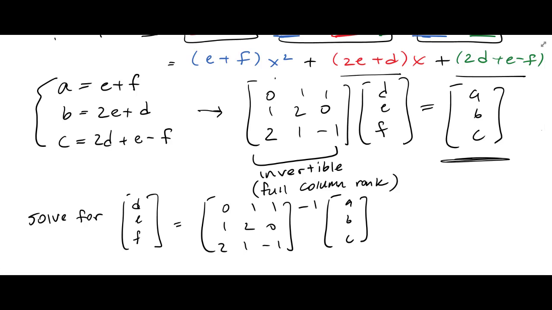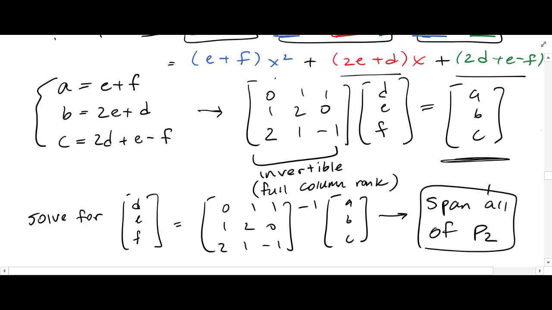So you could figure out what D, E, and F are explicitly, but that would be a lot of work. And we know it can be done, and that's the important part. So these polynomials span all of P2. So that's spanning and independent. Spanning and independent, so it's a basis.